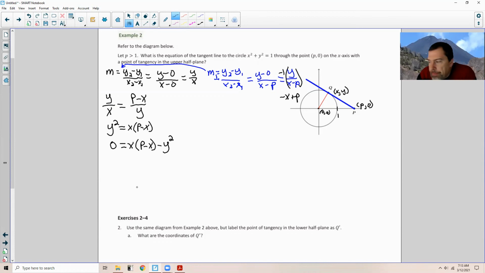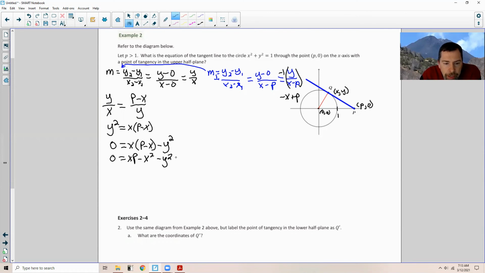Oops, I forgot my y. Let me think about this again. There, that's better. Then I can distribute and get 0 equals x times p, which is xp, minus x squared minus y squared.